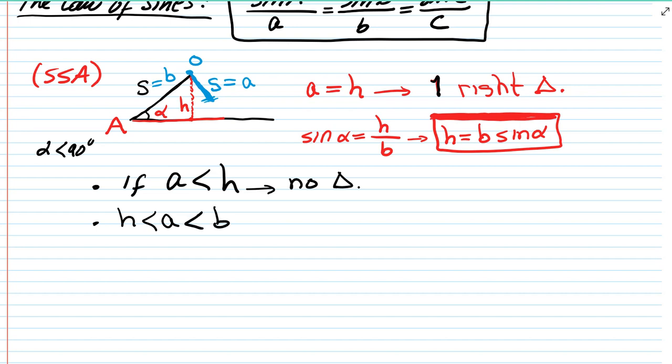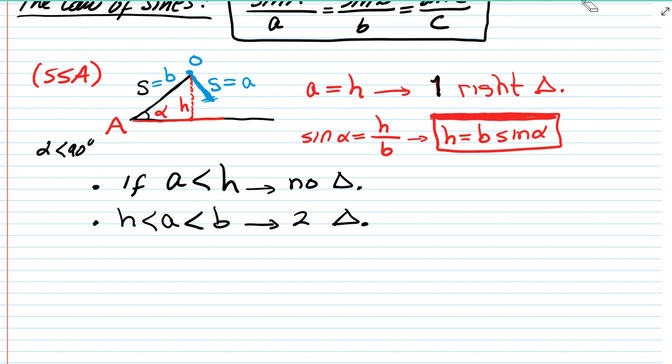That's important. Now B comes into play. In this case, we have two triangles. Again, if the angle is acute, depending on the relative size of the side and the minimum tolerance, and side B, we can have 0, 1, or 2 triangles.